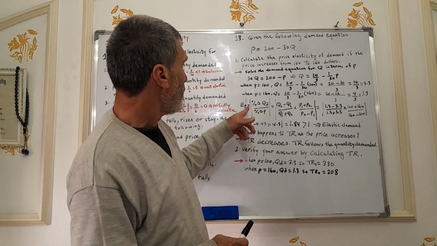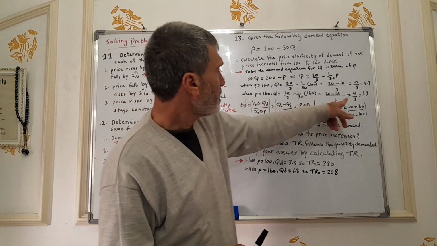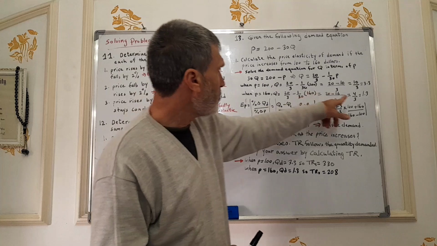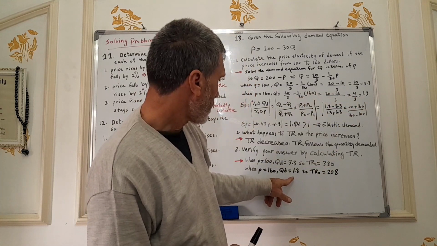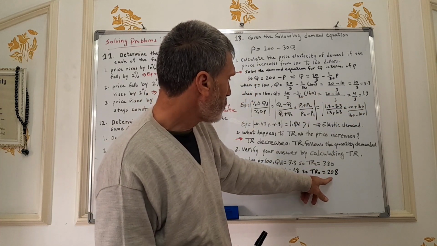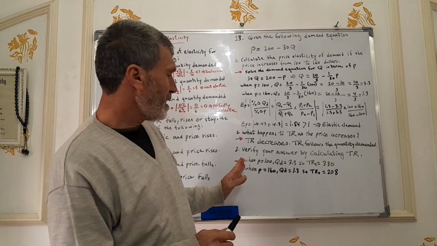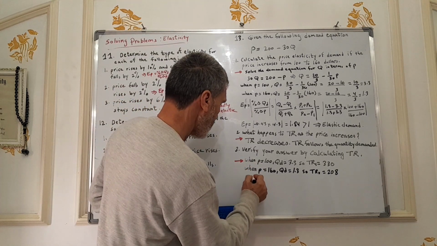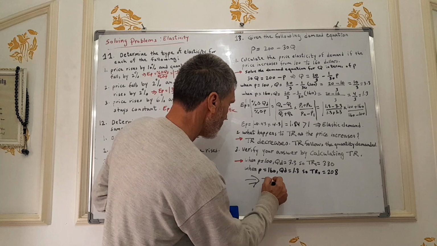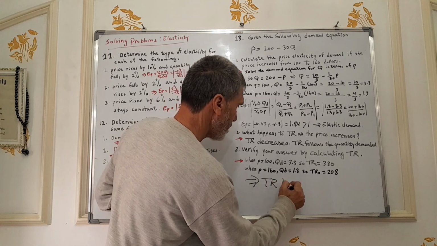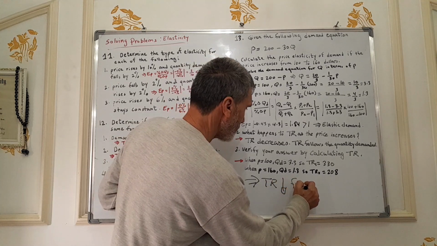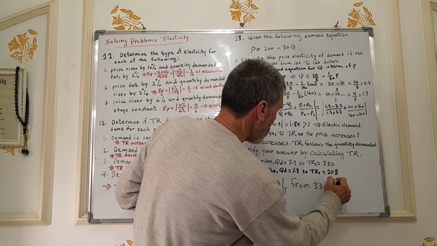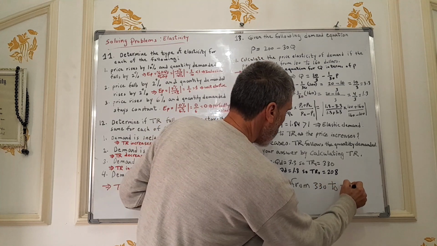Now, when price equals 160, quantity demanded is 1.3. So total revenue, 160 times 1.3, is equal to 208. As you can see, total revenue decreases from 330 to 208.